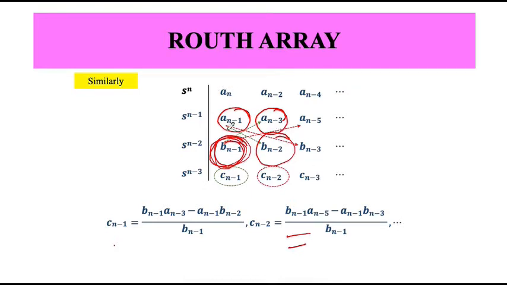So I have this first row, An minus 1, then go to Bn minus 1, Cn minus 1.